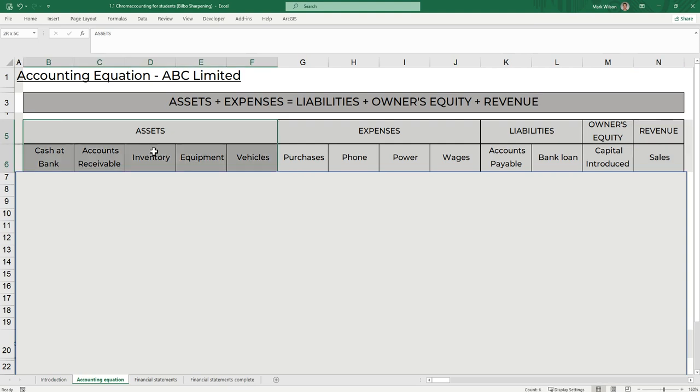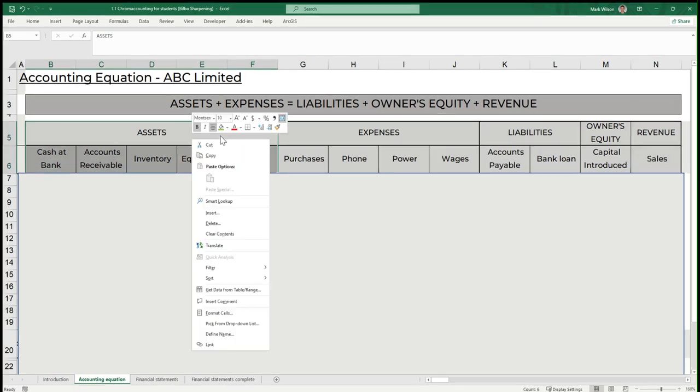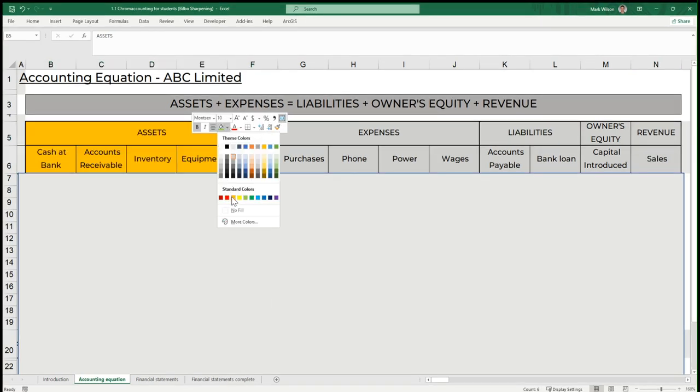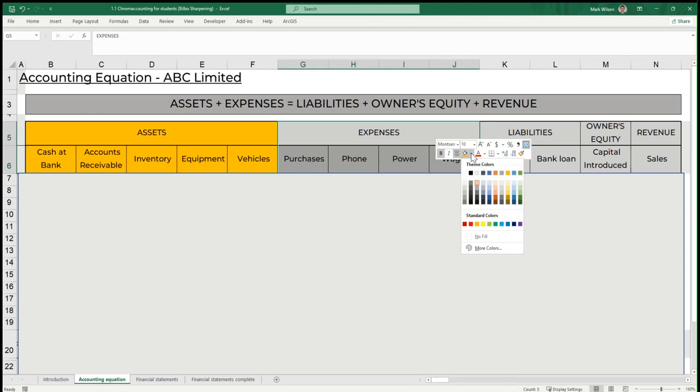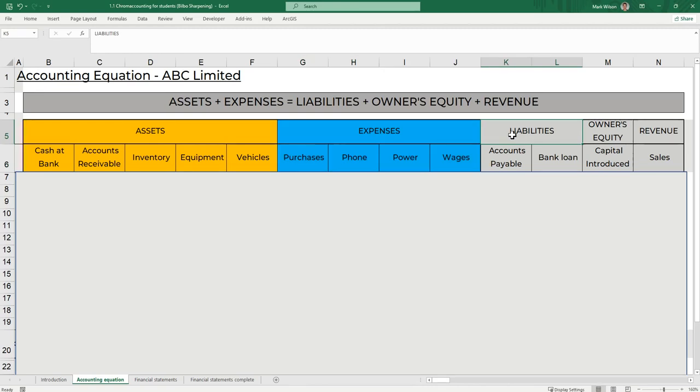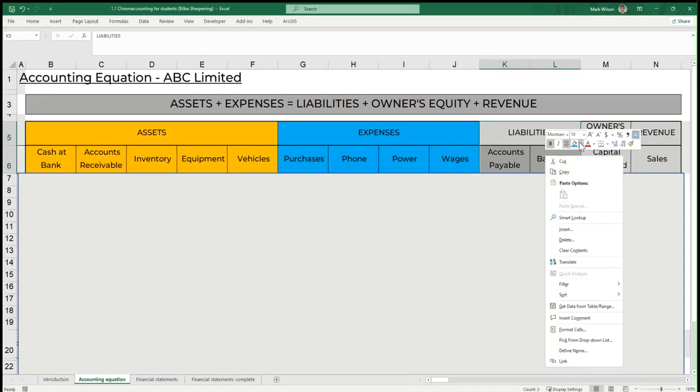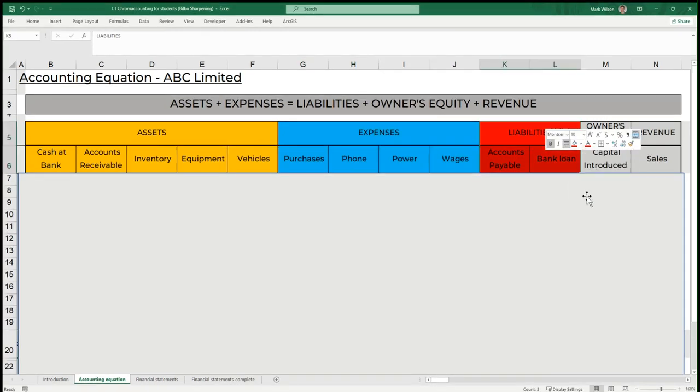Now what I'm going to do is I'm just going to change the color because I know that assets are orange. So I'm just going to change the color of all of those cells to orange. I'm going to change all of these expenses to blue. So highlight everything, right click, choose the paint bucket and change it to blue. My liabilities, right click, paint bucket, red.